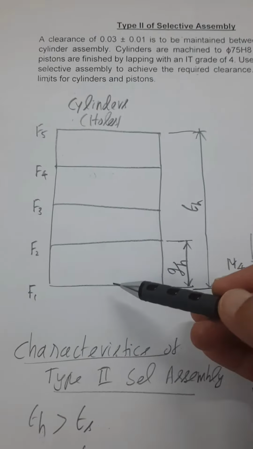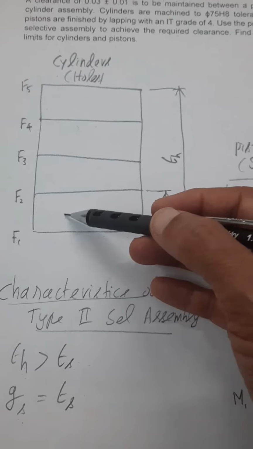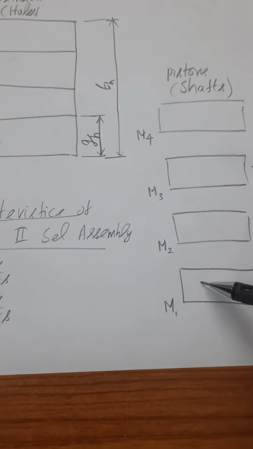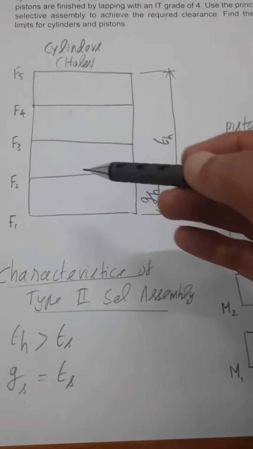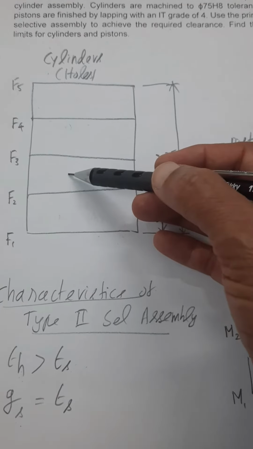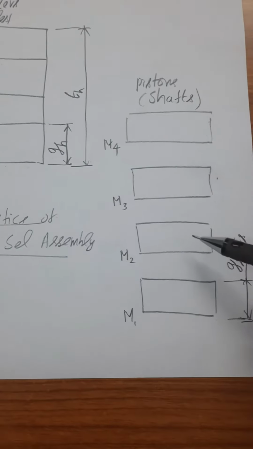So we need to manufacture cylinders, then we need to manufacture pistons, then corresponding groups of cylinders and pistons are to be assembled together. If you take the second group of cylinders, it has to be assembled with the second group of pistons.